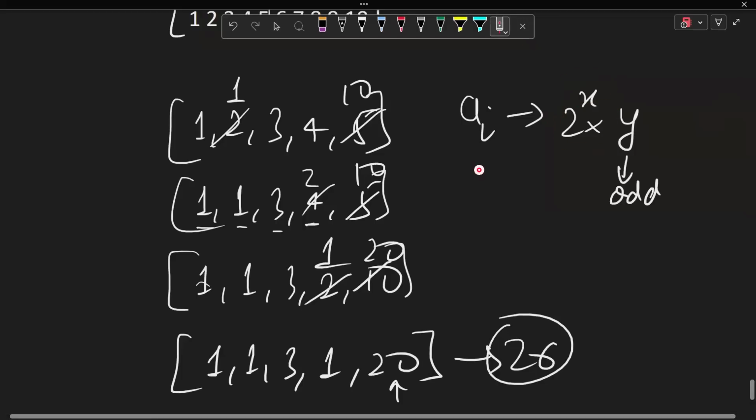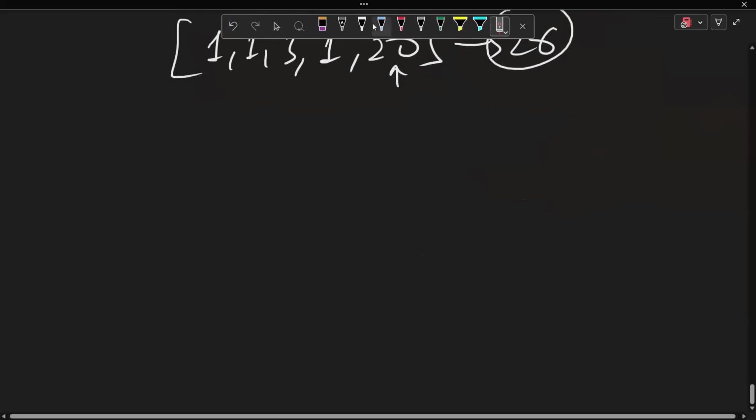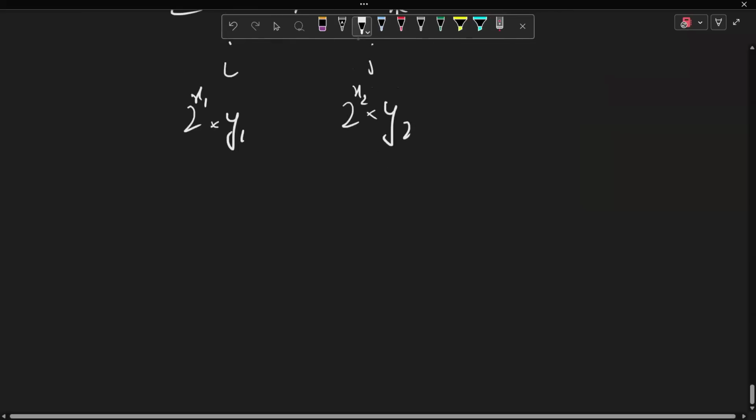Now, where would you want to move these powers so that your final answer is maximized? If you look at two numbers, at some index i you have 2 to the power x1 into y1, and at some index j you have 2 to the power x2 into y2. What would be the best place to keep these x1 powers? Would you keep them with y1 or with y2?